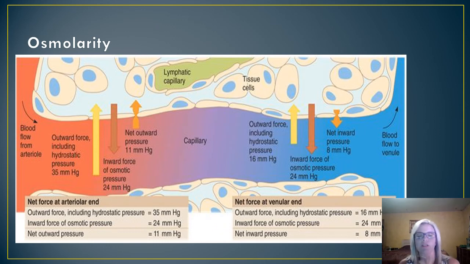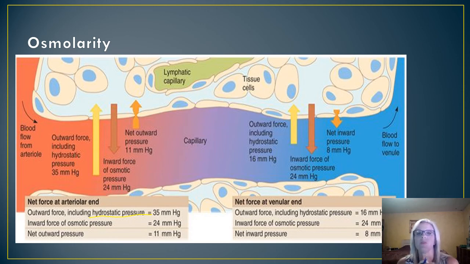So how do substances travel in and out of our vessels? Water and dissolved substances are going to leave the arterial end of a capillary due to what we call hydrostatic pressure. Hydrostatic pressure, which is written right here for you.